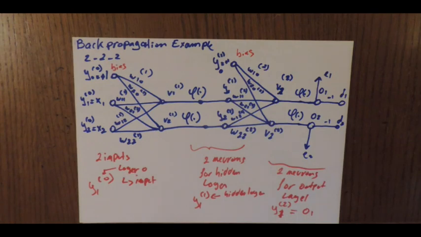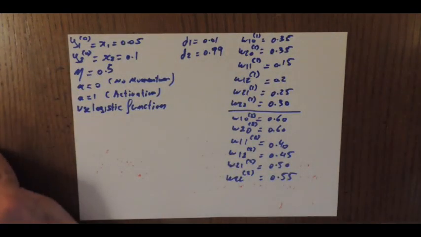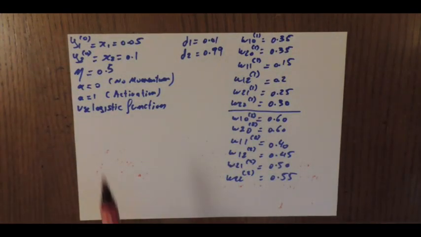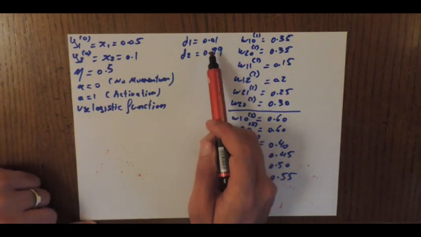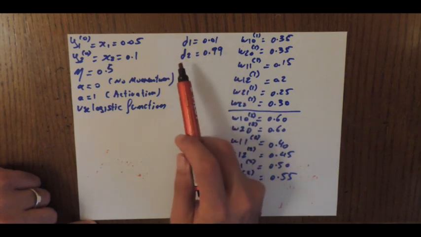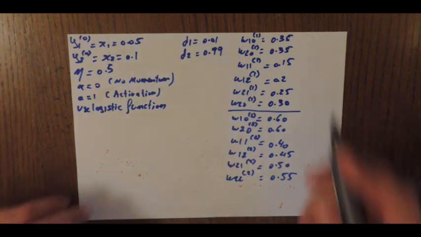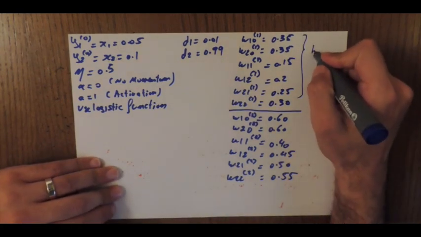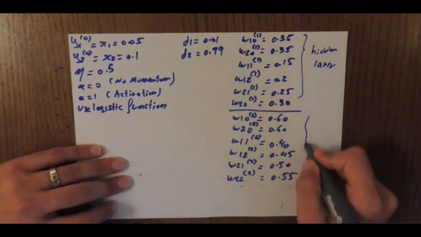Now, if we consider this network and we want to compute the forward path, so first let's check out the inputs. So with the inputs, we have x1, x2 equals 0.05 and 0.1. We have d1 equals 0.01, d2 equals 0.99, and we have these small values for w1, for these are for the hidden layer, and this is for the output layer.